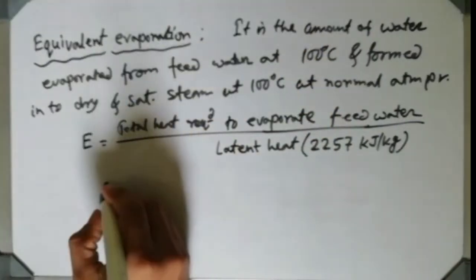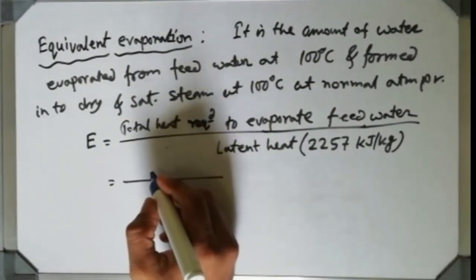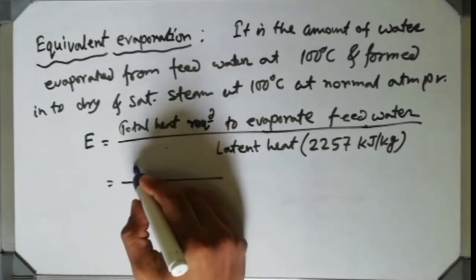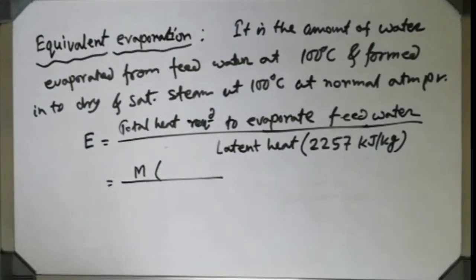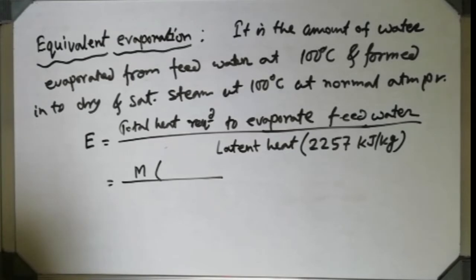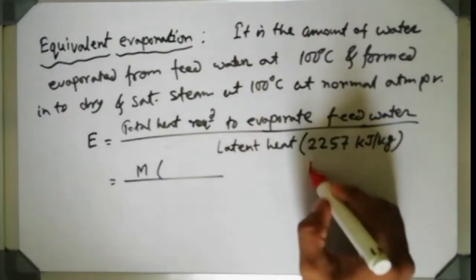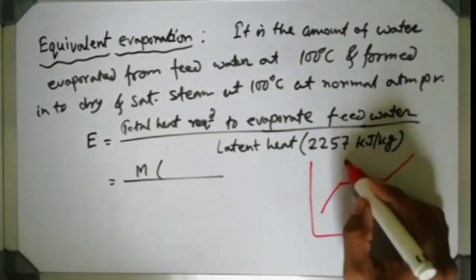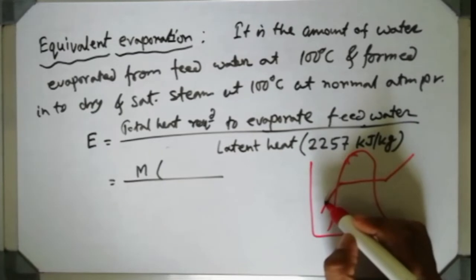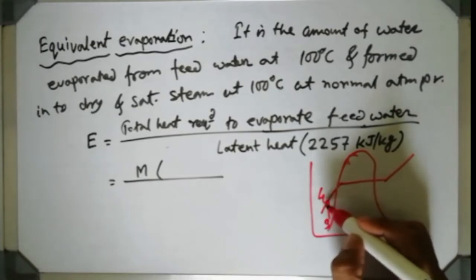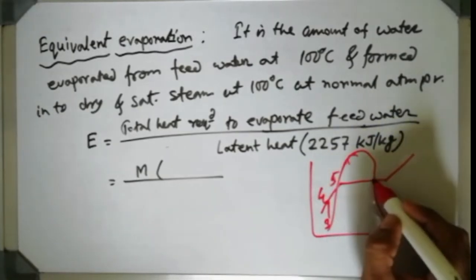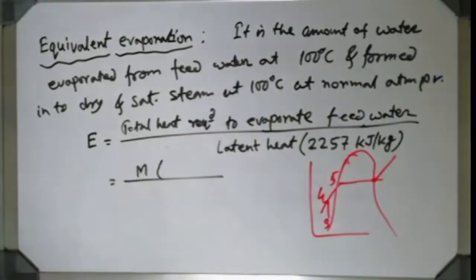If you write this expression further, I can write it like this: M into, basically in terms of the Rankine cycle, what I explained to you at the time of the Rankine cycle. Do I have to draw that diagram again? Points 3 and 4 were there, then 5, then 6, it was like this.